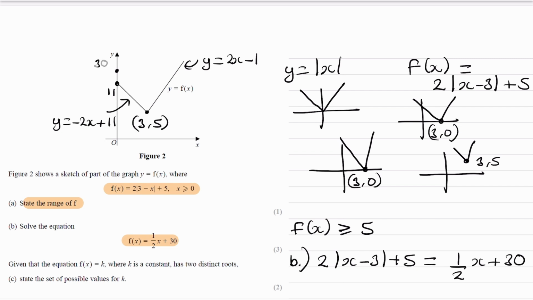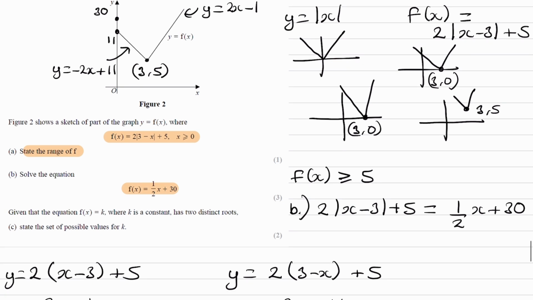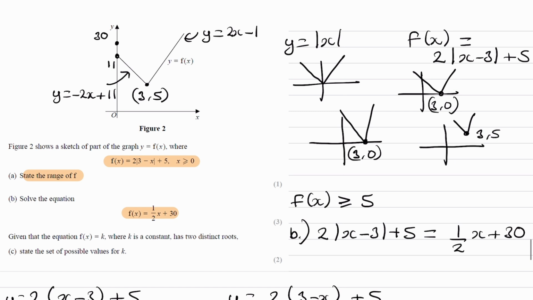a little bit easier. And looking at the gradient of this line, it's a half x plus 30. The gradient is a half, and that is less than the gradient of this line over here. So the line I'm about to draw has a gradient of a half. That's less than the gradient of this line, and therefore it will be shallower than this line.